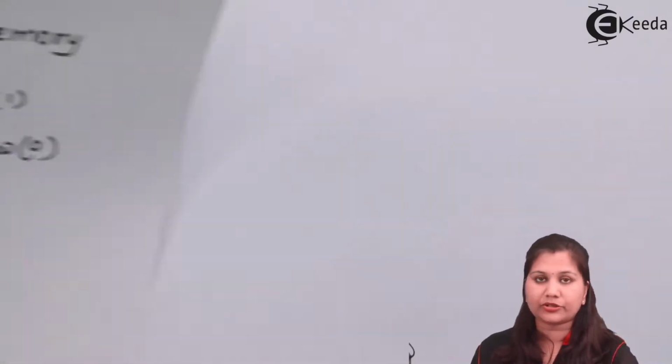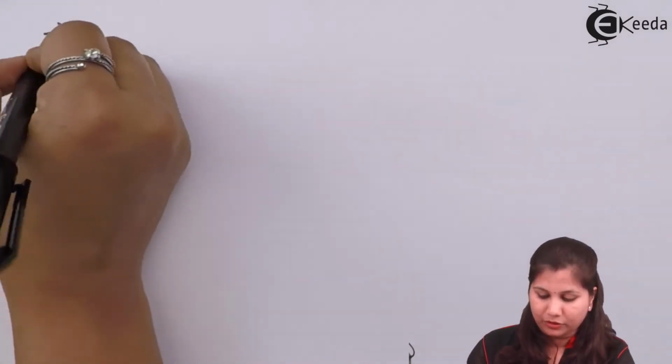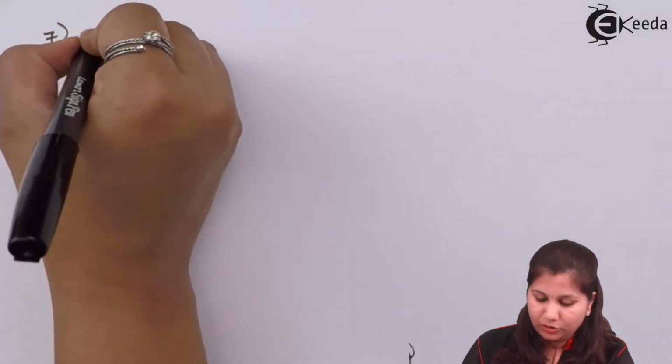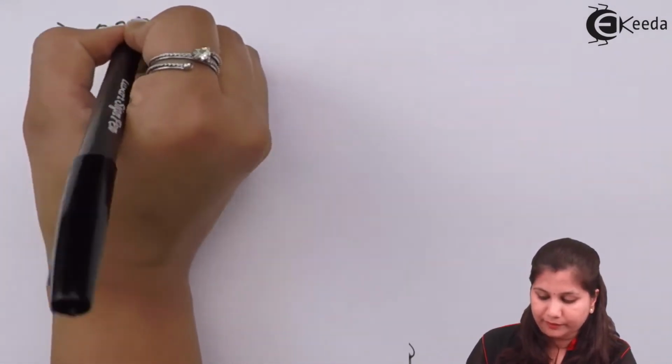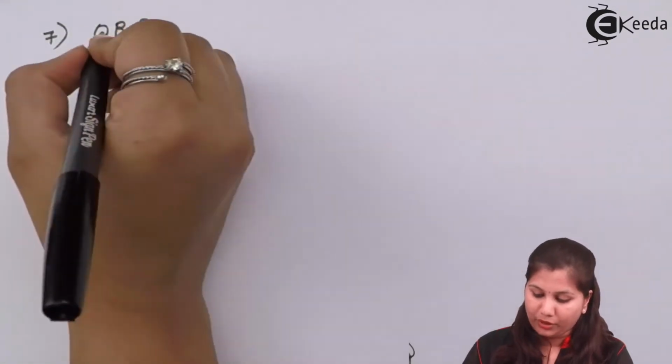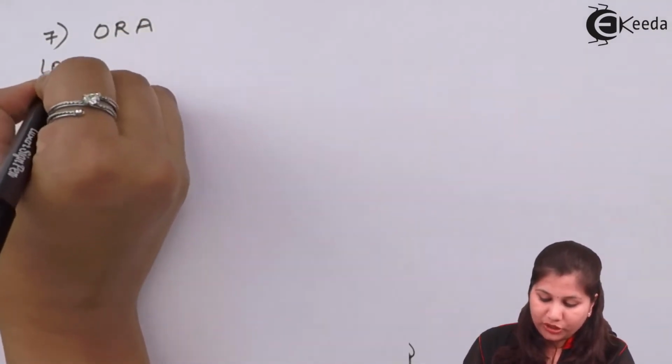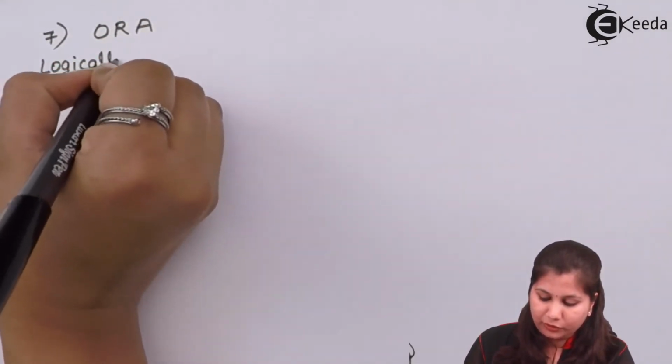Now next logical instruction is the logical OR operation. We have studied logical AND and logical exclusive OR. Here now we are having logical OR, ORA. So it is going to logically OR the contents of the accumulator.